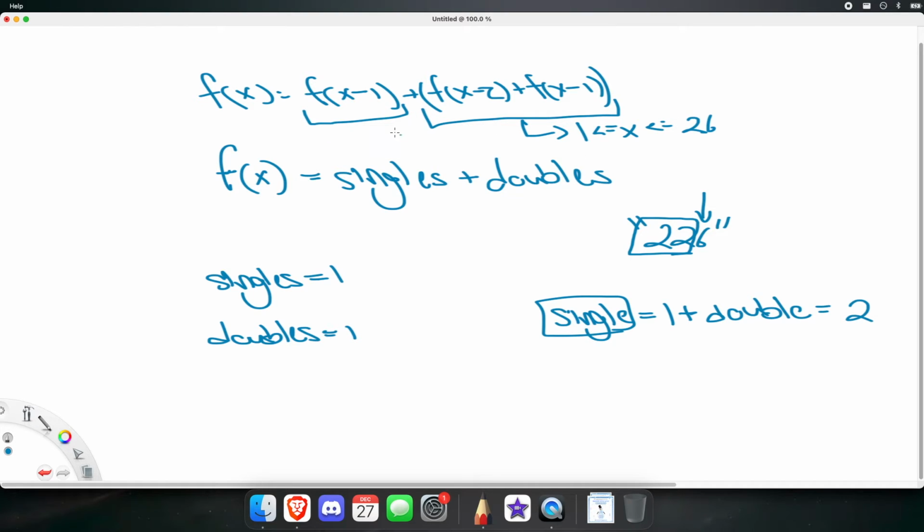And this first part needs to be greater than or equal to 1, but then less than or equal to 9. So these are the requirements for singles and doubles. I'll leave that up there. So now singles gets updated to 2. And what do doubles change to? Well, doubles change to the original singles.